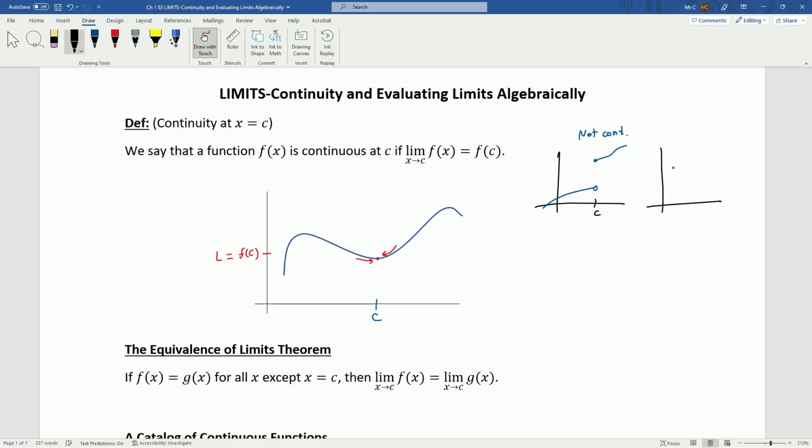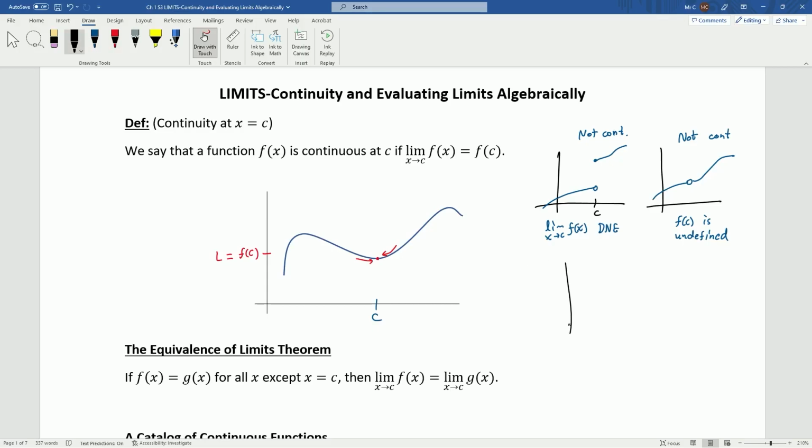Similarly, if we have a hole in the graph, this is not continuous, it's got a hole in it. So here, the limit does not exist. And here, f of c is undefined. Well, if there's no value for f of c, then certainly it can't be equal to the value of the limit.